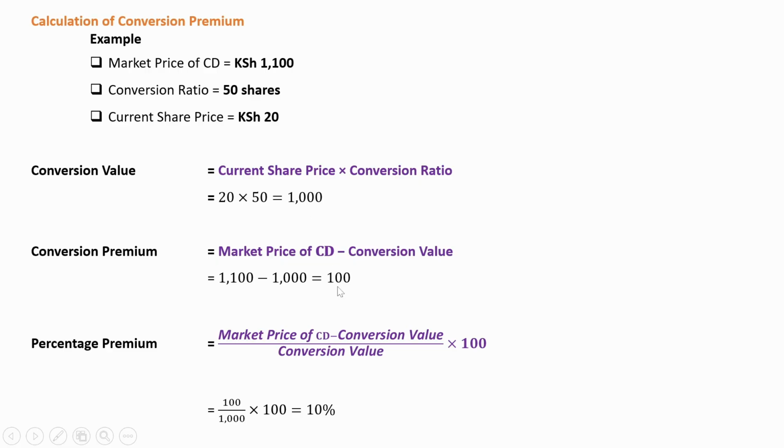So 100 divided by 1000, and then because we want it to be a percentage, multiply by 100. So the percentage premium is going to be 10%. So that is how you can apply it in a question.